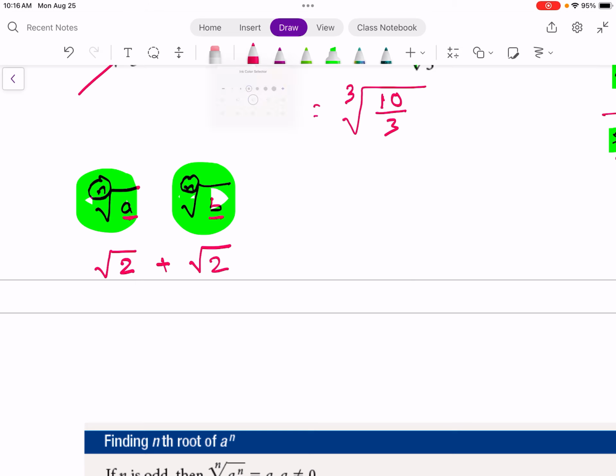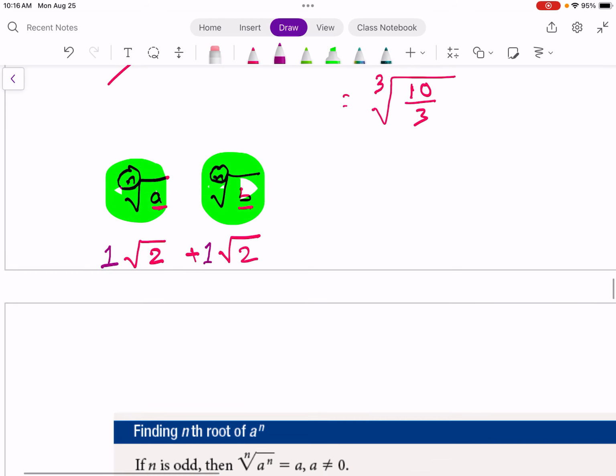Now, how do we add? We always find the number in front of the square root of 2, which is 1. If there is nothing, there is always 1. Both of these expressions have square root of 2 in common, so let's factor out square root of 2, and we end up getting 1 plus 1.